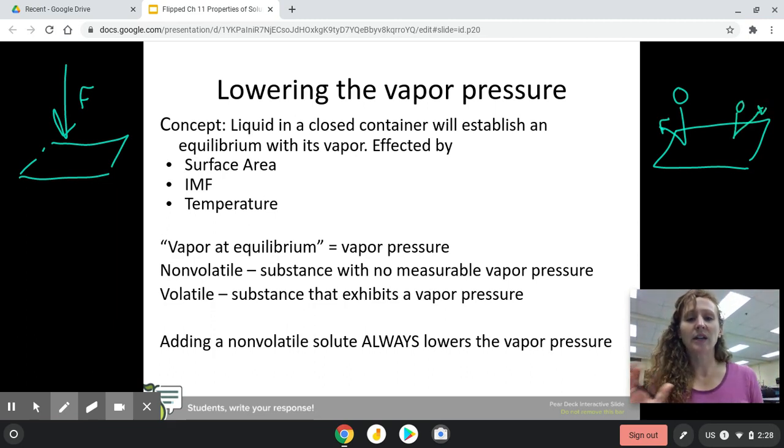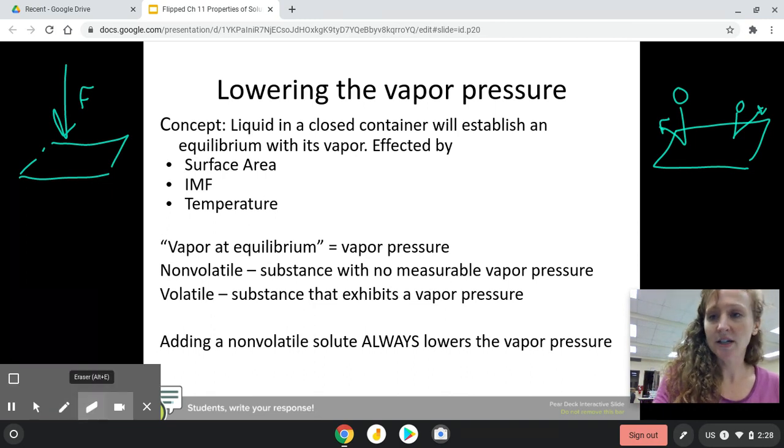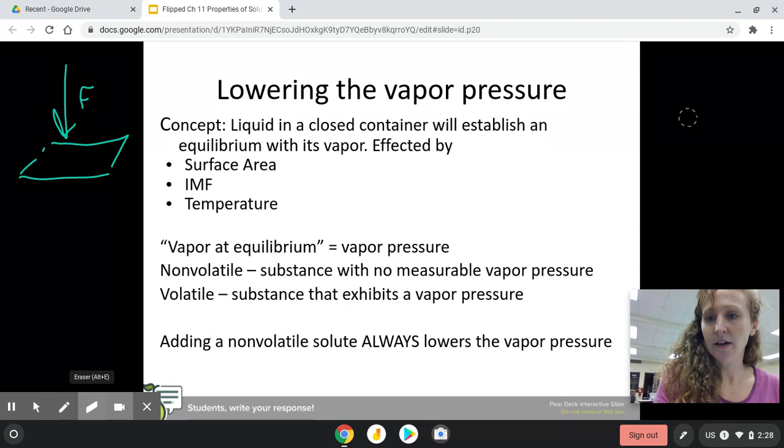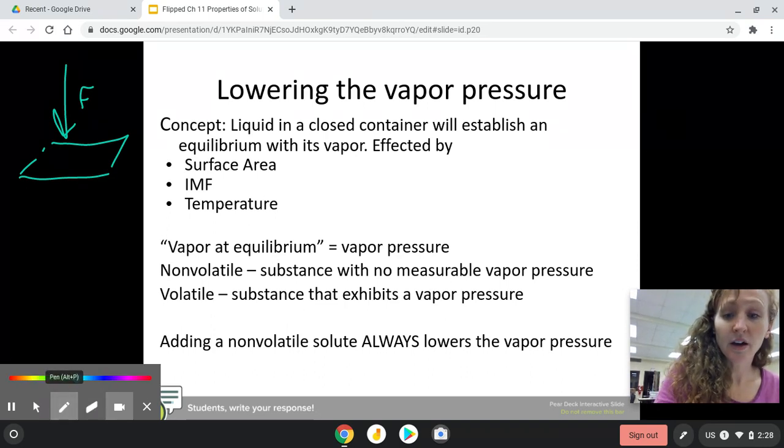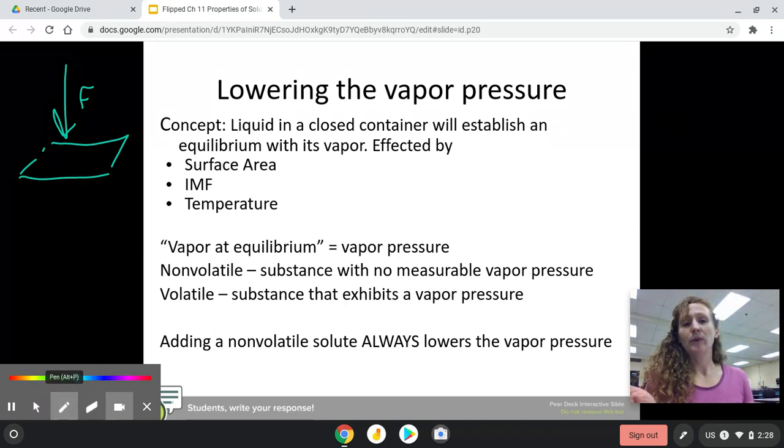So you can get an idea of gas pressure. Think about atmospheric pressure, for example. If we are talking about the pressure of our atmosphere, right, we are all under gas molecules.